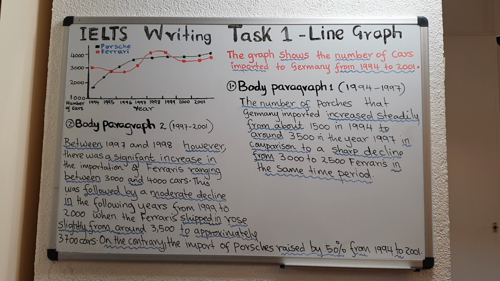And then you have the vertical line where you can see the years from 1994 all the way to the year 2000. And then in the middle of the graph itself, you can see the 2 lines. The red line is for the Ferraris and the black line is for the Porsches.